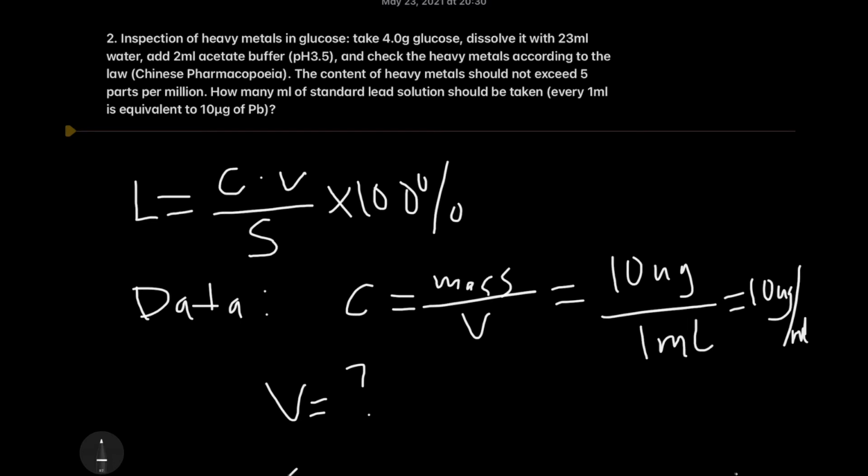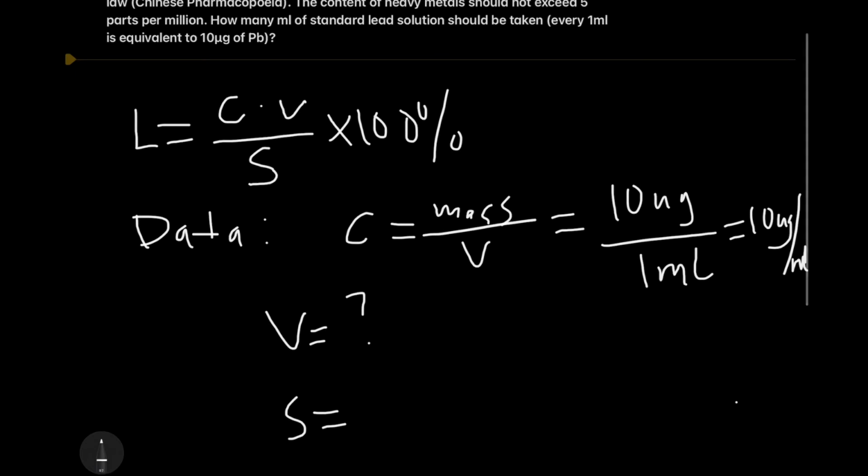Here, we took 4 grams of glucose, dissolved it with 23 millimeters of water, then added 2 millimeters of acetic buffer solution and checked. So we are checking the entire glucose. In this case, we are just using our 4.0 grams. There is nothing to multiply or specific amount to check. In this kind of equation, it is direct and straightforward.